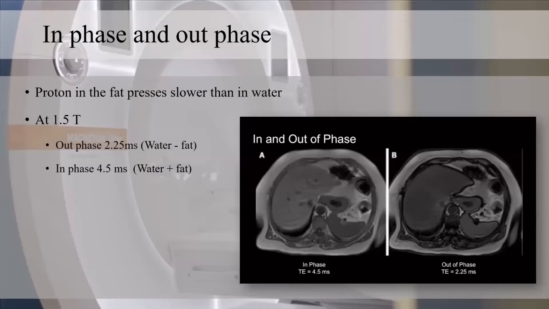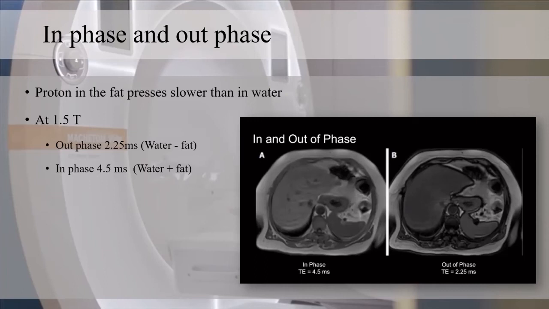So there are some points where the protons of fat and water align, and that is in phase. And there are some other points where the protons of fat and water are opposed, and that is out of phase. When they are in phase, that means when they are aligned, at that time the signals will be added, water plus fat.